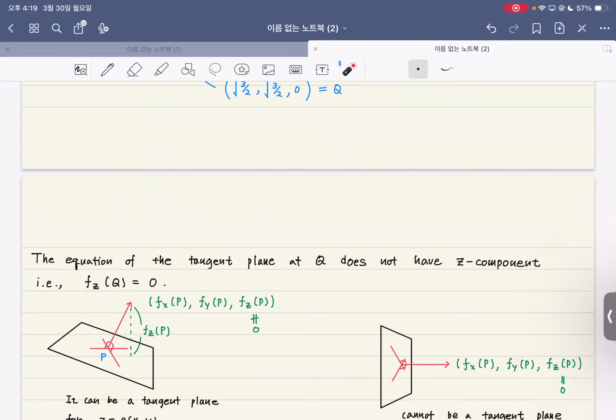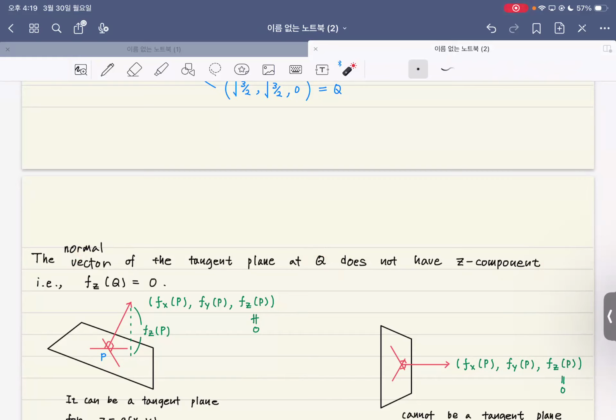Sorry, I messed up, it should be the normal vector. The normal vector of the tangent plane at Q does not have a z component.